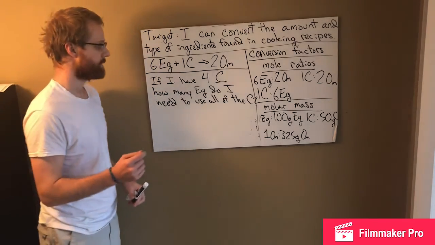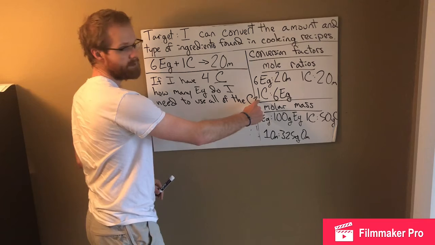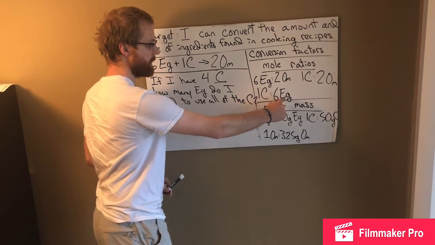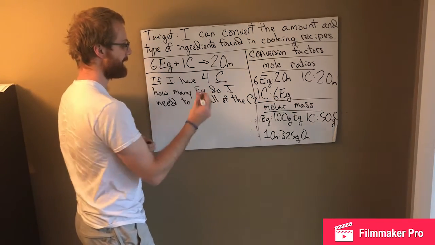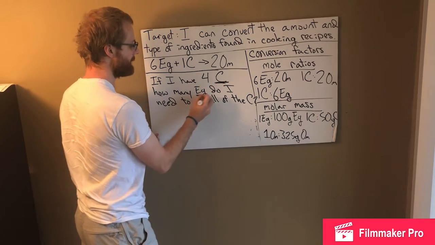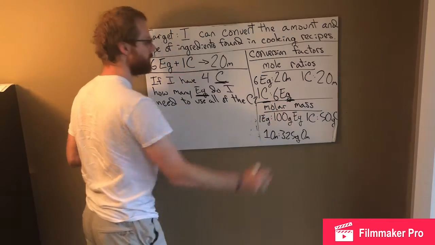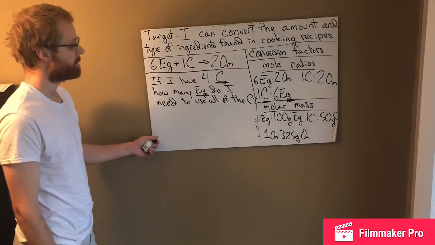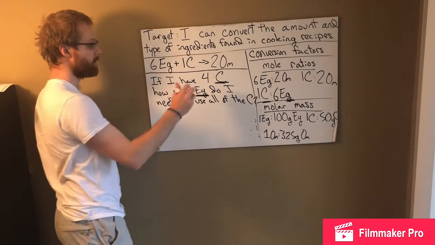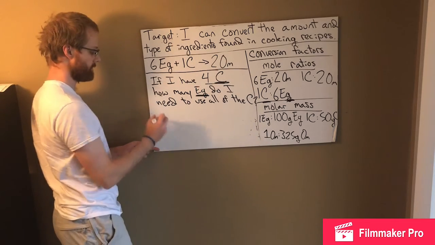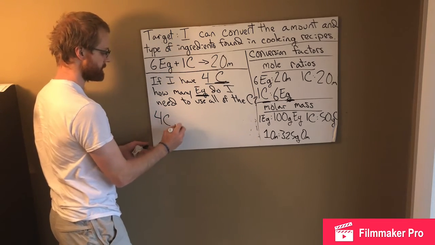So the one that I want to use is 1 cup of cheese is equivalent to 6 eggs, because I know how much cheese I've got and I know how many eggs I've got, and that's what's in this ratio right here. All right, so let's set up the problem. As always, there's a number I am given, 4 cups of cheese.